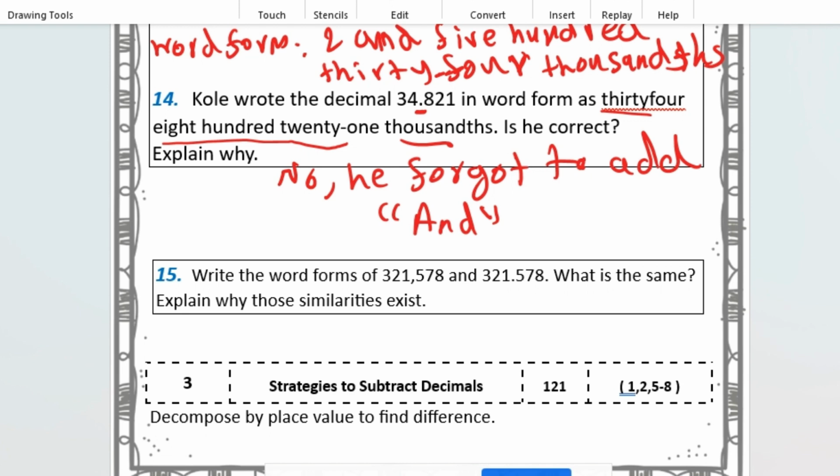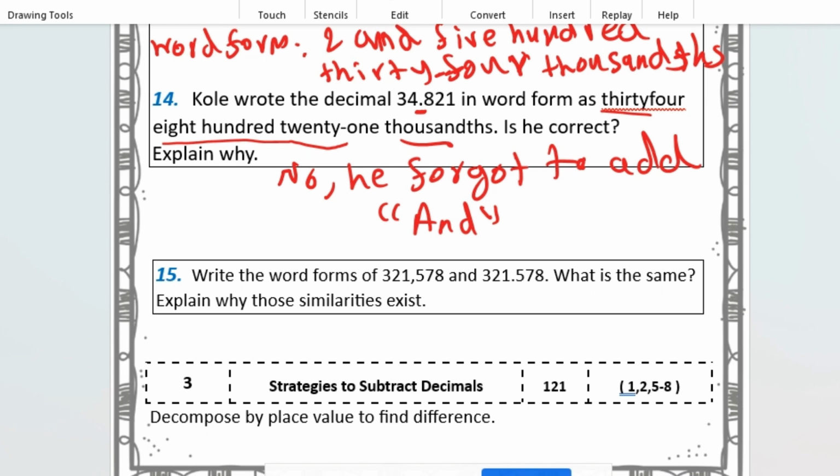I'm just going to say it instead of write it because this is way too long. So this is 321,578, and here this is 321 and 578 thousandths.